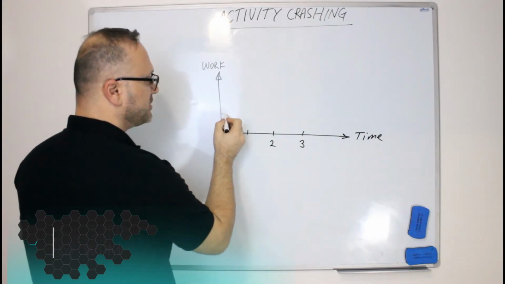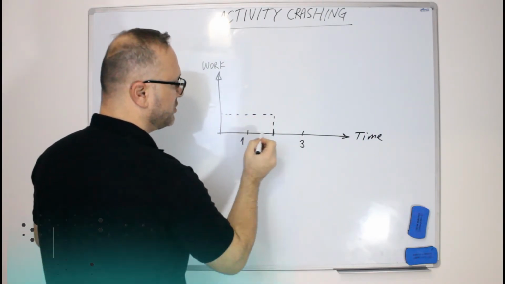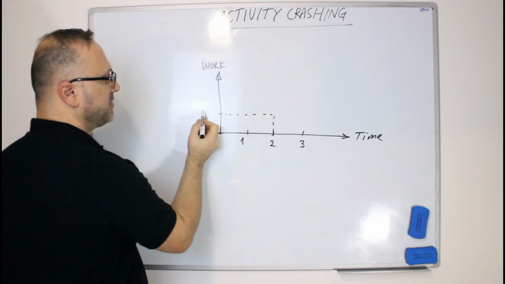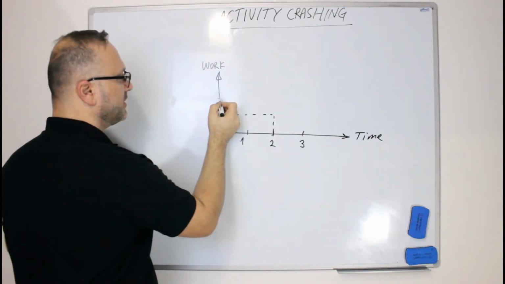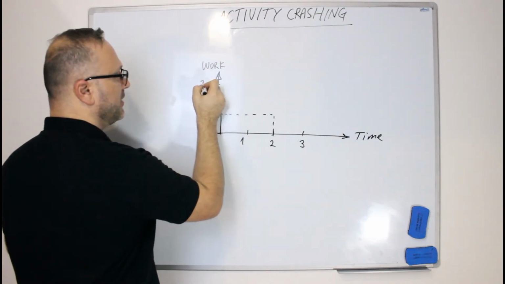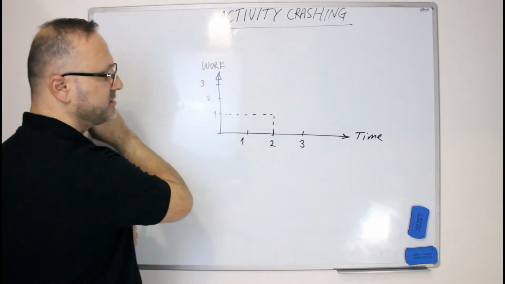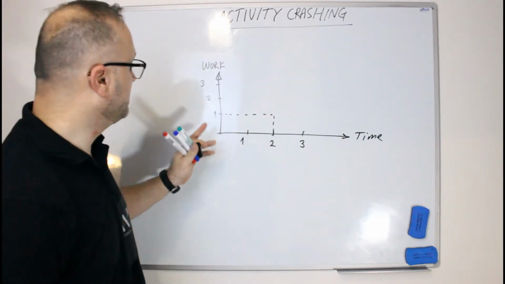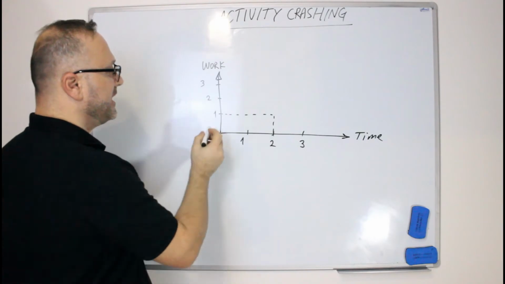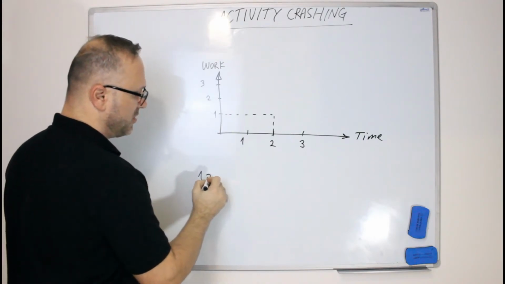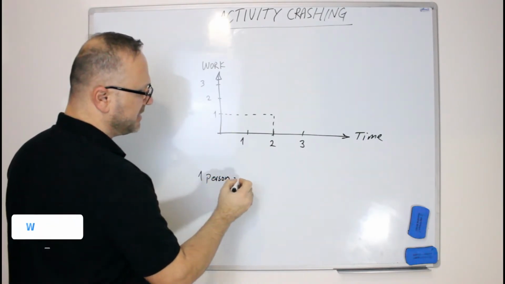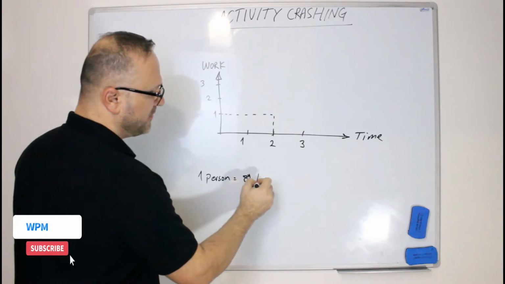If the activity is planned for 2 days and it's planned for, let's say, 1 person, 2 persons, and 3 persons, it means that I have here 1 person, a standard of 8 hours per day.